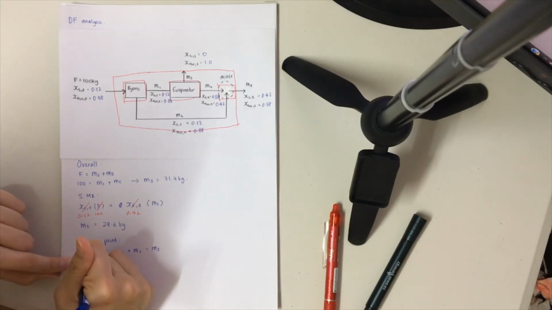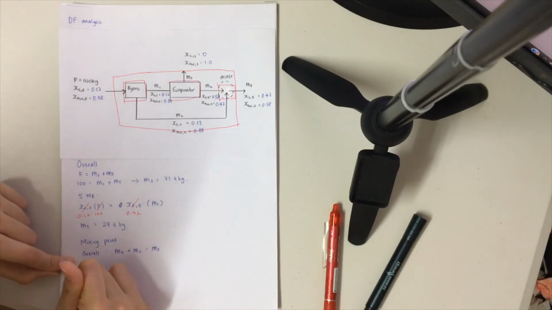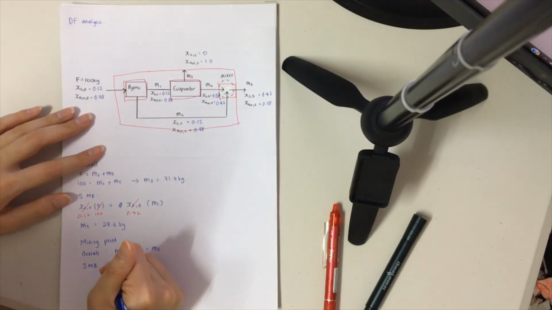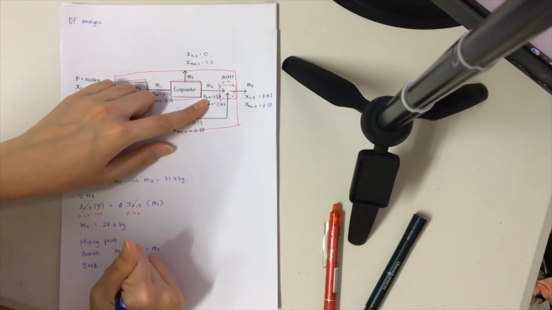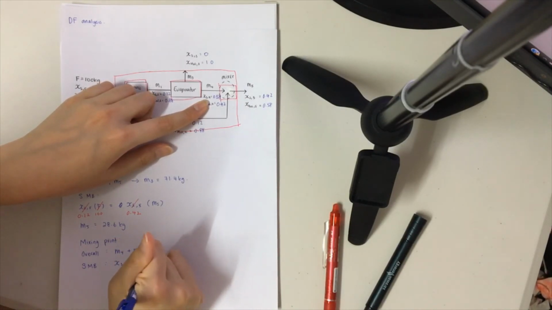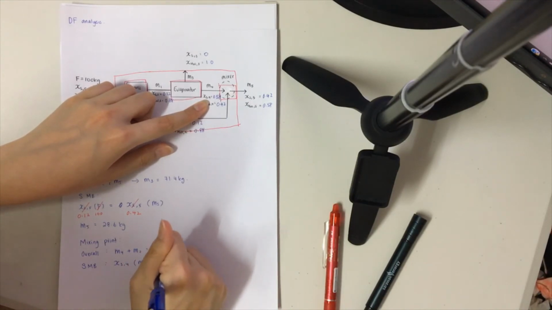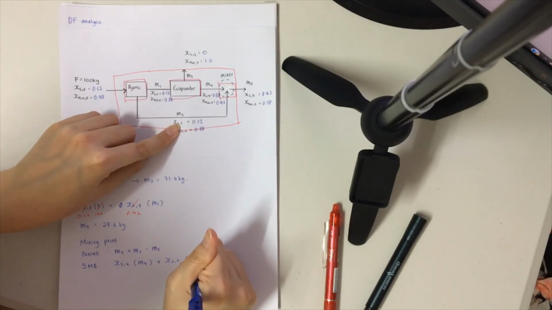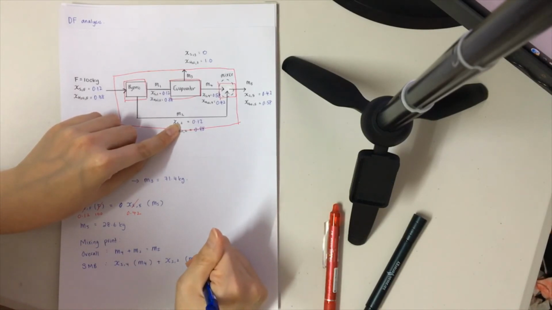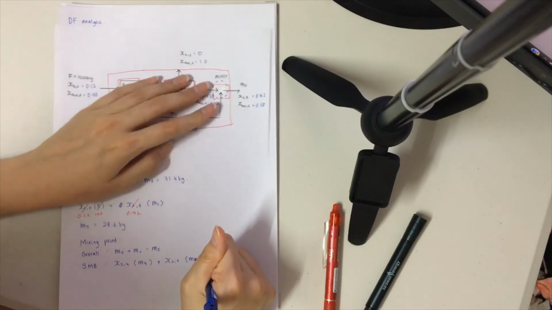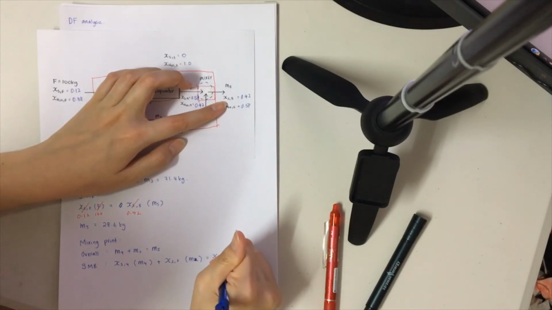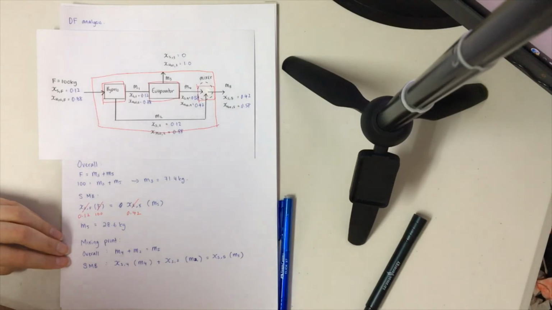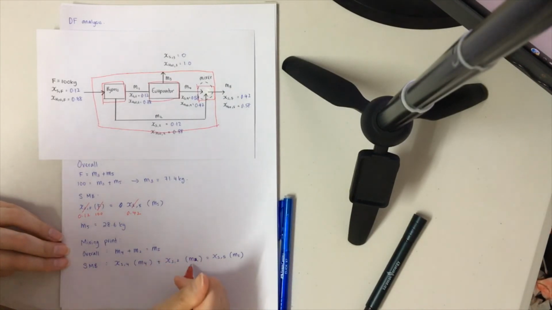Then we can do the material balance for the solid, which is XS4 times M4 plus XS2 times M2 should equal XS5 times M5. We don't have M4 and we don't have M2.